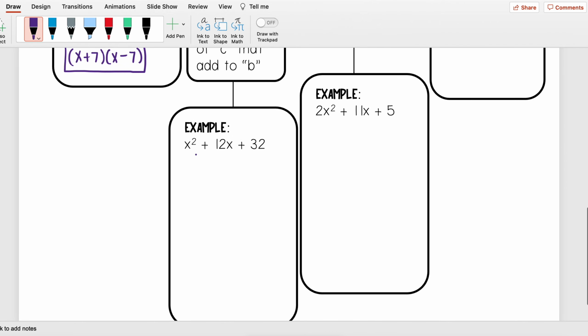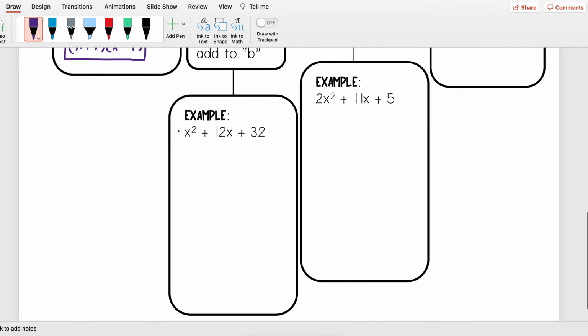So for example, I have x squared plus 12x plus 32. I see I don't have a number in front of x squared, it's just a 1. And so that means I can go straight to looking for 2 numbers that multiply to 32, but then I want them to add to equal 12.